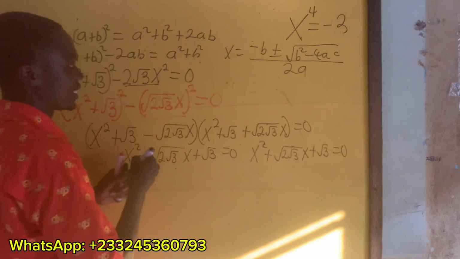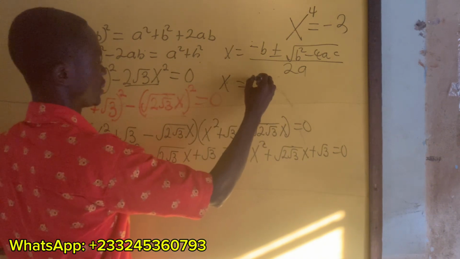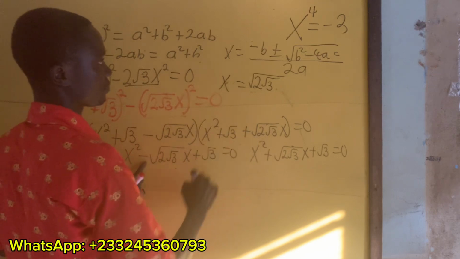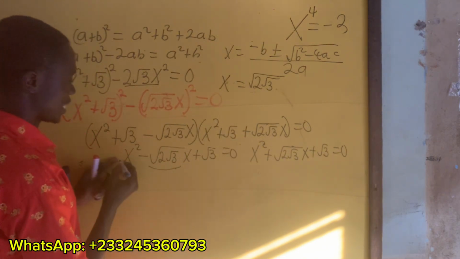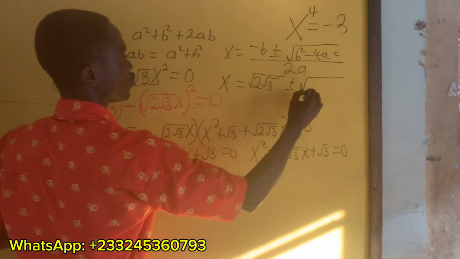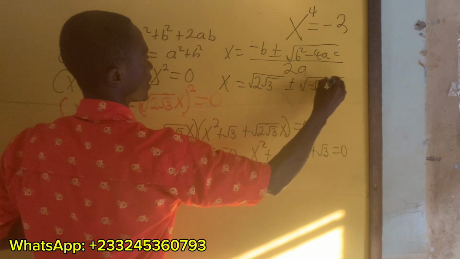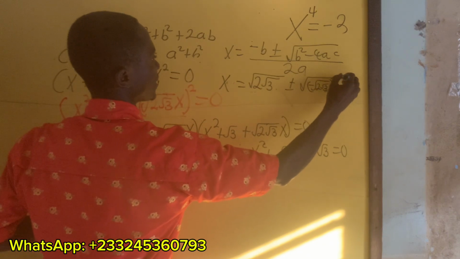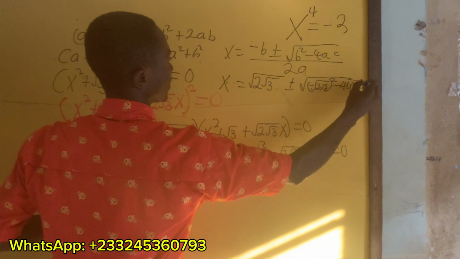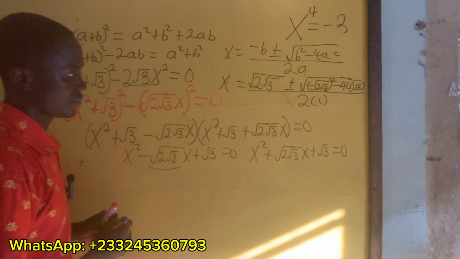Now, we take x to be equal to negative of this, which gives positive square root of 2 square root of 3, because this is our b. A is 1 and c is this. So plus or minus the square root of negative square root of 2 square root of 3 squared minus 4 times 1 times square root of 3, all divided by 2 times 1. Good.